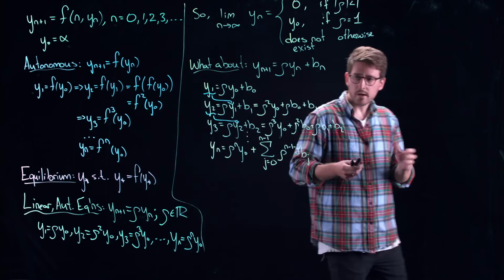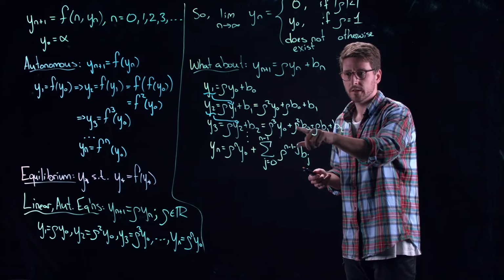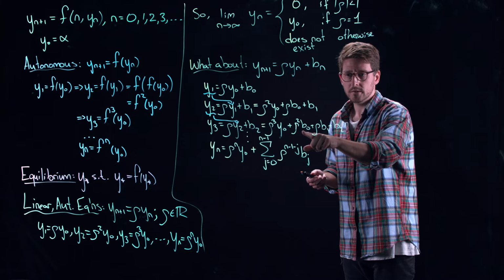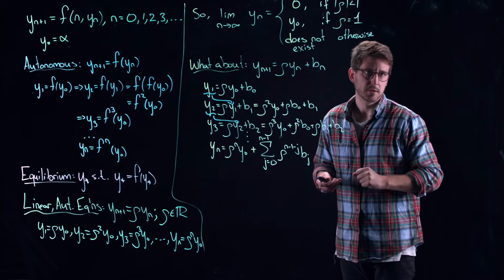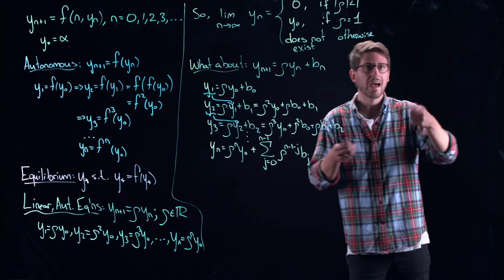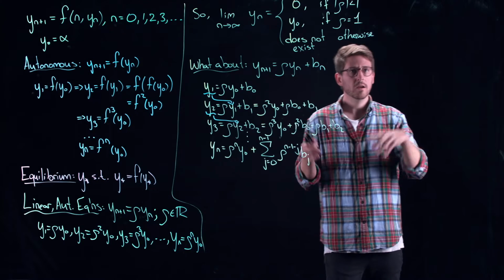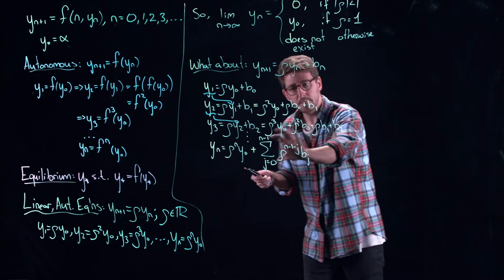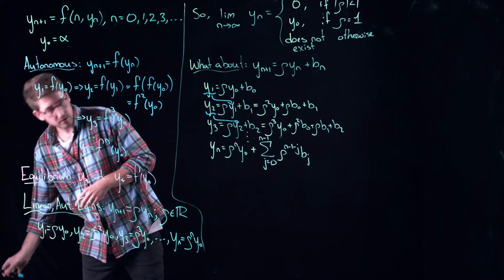You might want to write that sum in a different way. That's perfectly acceptable. Essentially, it's just capturing this. Rho squared b0, rho times b1, and then no rhos times b2. Same idea, right? As the exponent on rho goes up, the index on b goes down, and vice versa. That's all that's happening with this. Do not be intimidated by it. I know it's a little ugly, but there's nothing wrong with it.